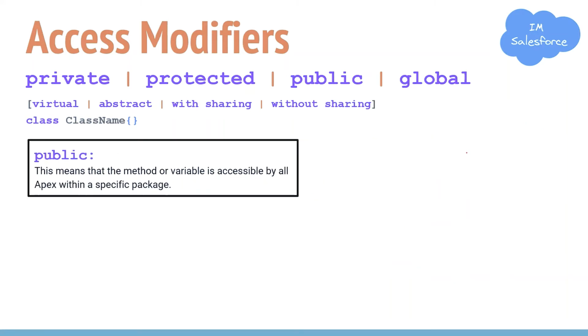So moving ahead, we have public. So as its name suggests, public means it will be available for all in that particular package. So the public methods or variables are accessible by all Apex classes within a specific package.